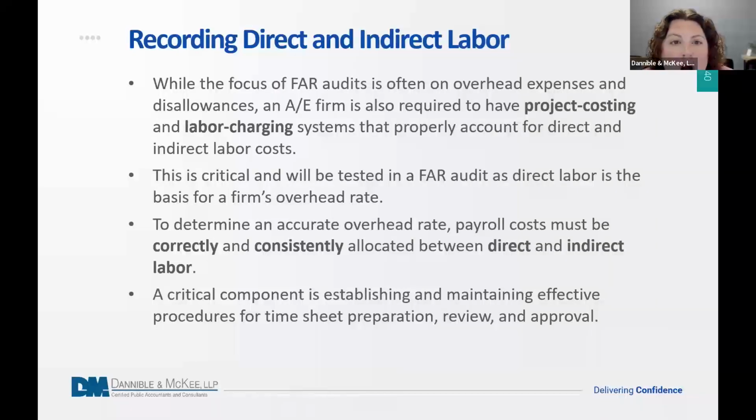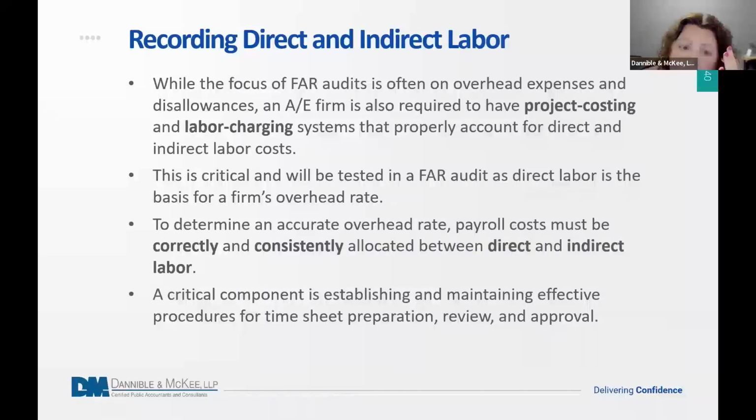So while the FAR audit focuses on overhead expenses and disallowances, your firm is also required to have a project costing and labor charging system that's properly accounting for direct and indirect labor costs. So it's going to be super critical, and we will be testing it as part of a FAR audit, that your direct labor is the basis for the firm's overhead rate.